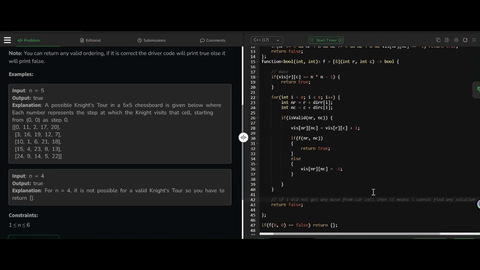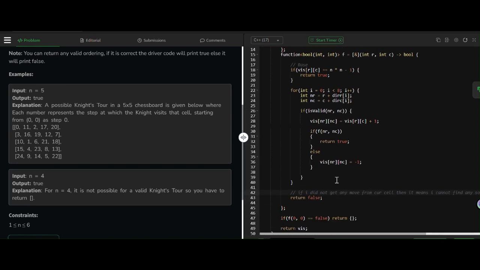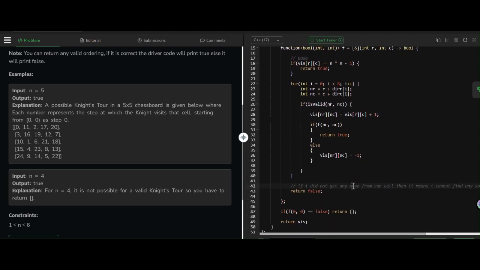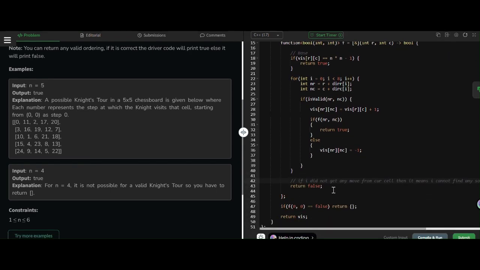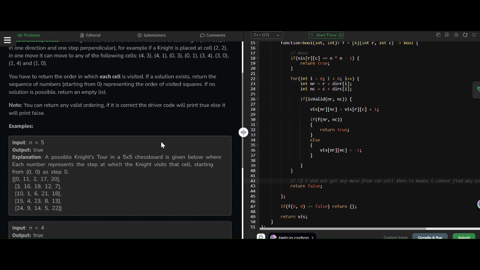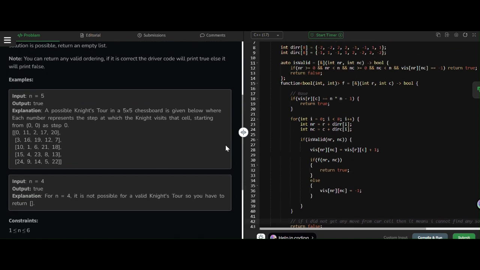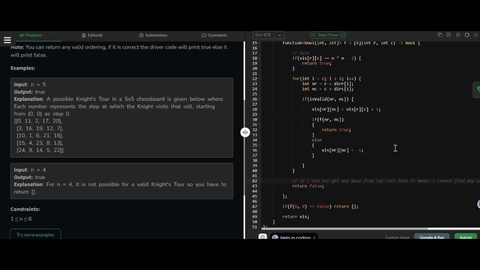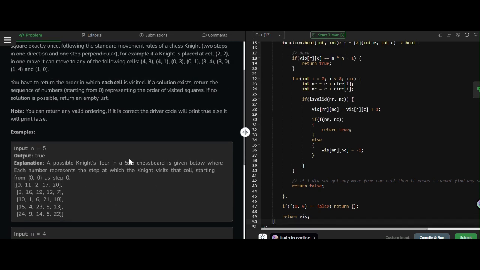So if we didn't get any perfect move to fill the chessboard completely, then just return that. And after every possible call and after clearing all the recursion stack, if I found the solution, then I will return the visited array because it has the step numbers that I have to return.